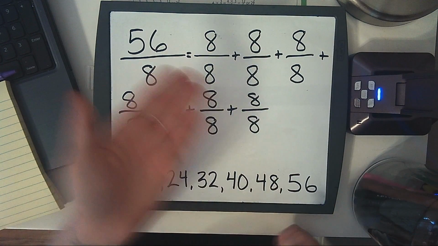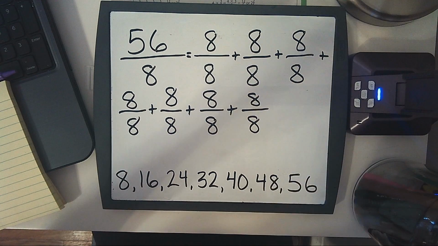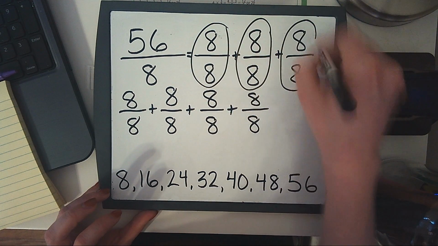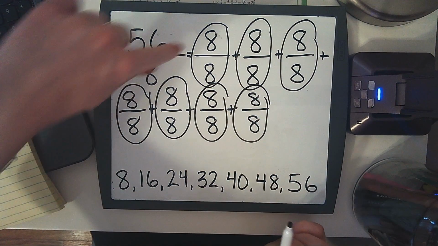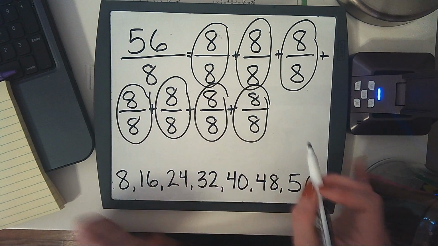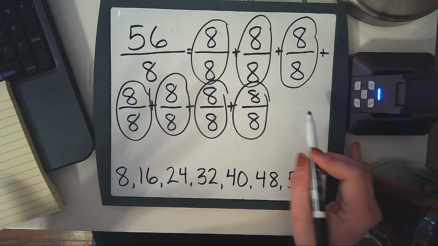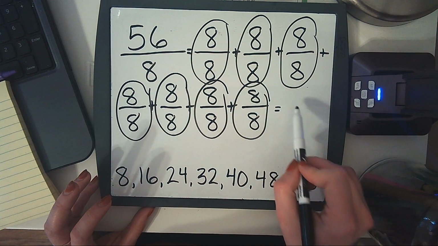So we're breaking it up into repeated addition, aren't we? So we're used to, you know, circling our wholes. 1, 2, 3, 4, 5, 6, 7. So our whole number equals 7.